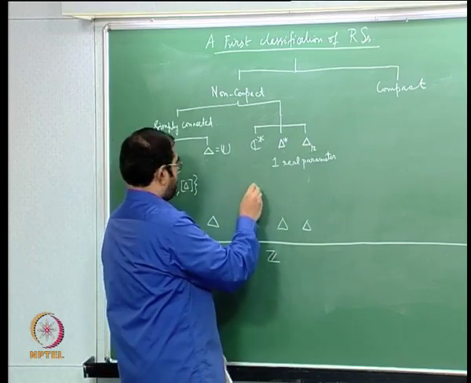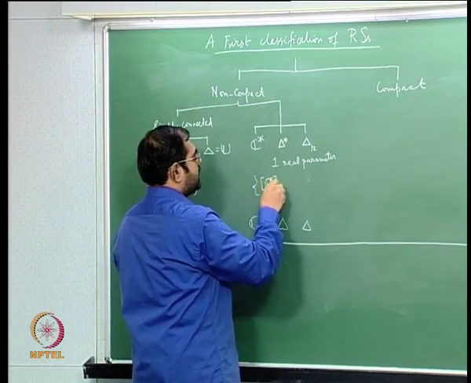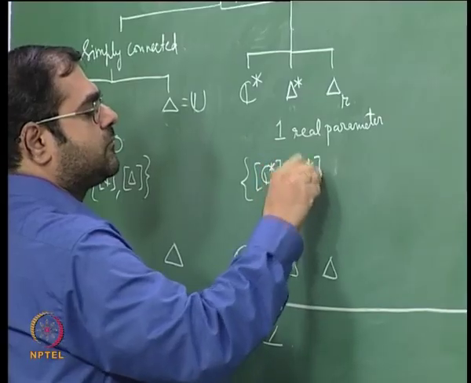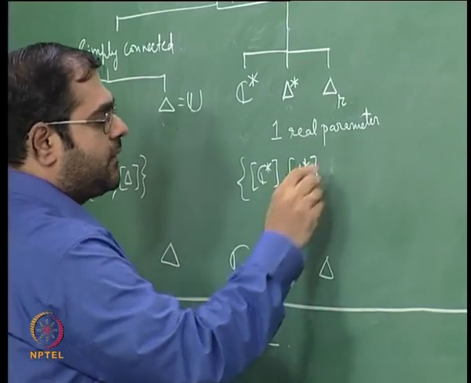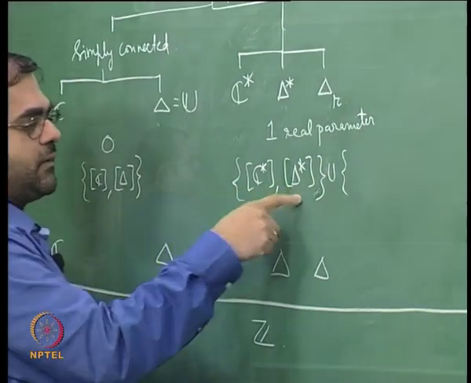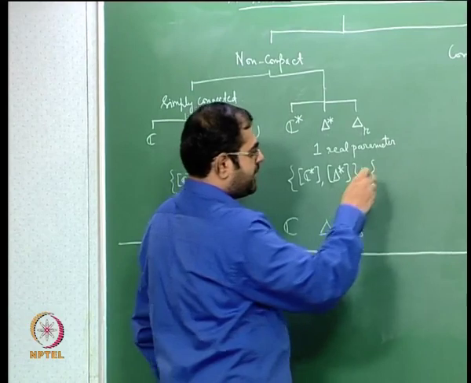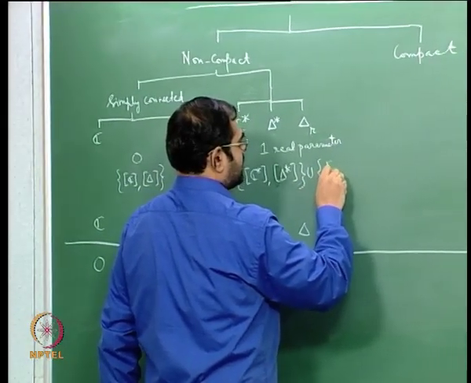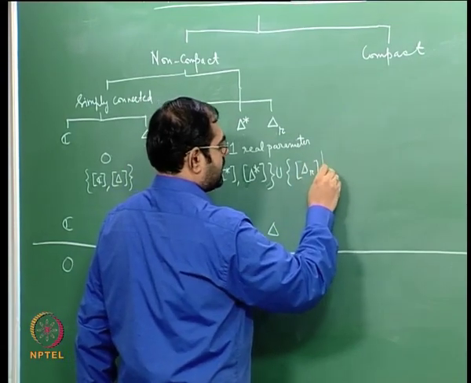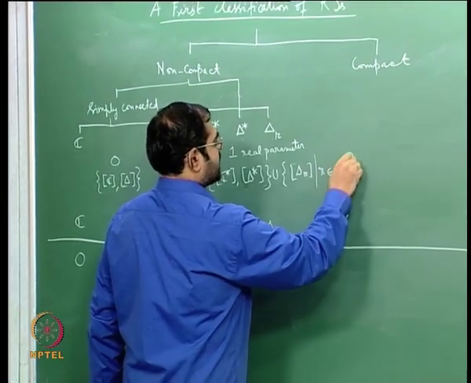You get one isomorphic to C star, you get one isomorphic to delta star, okay, and these two are discrete points, and then you get a continuous family, and that continuous family is the isomorphism class of the delta r's, okay, where r belongs to (0, 1). So this is what happens.